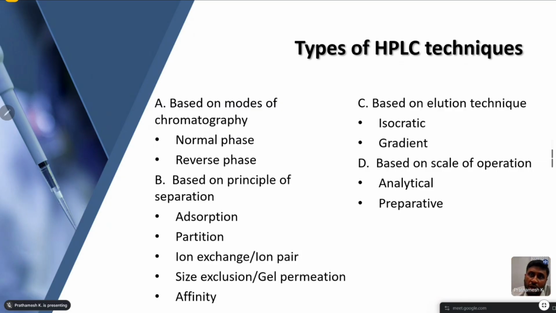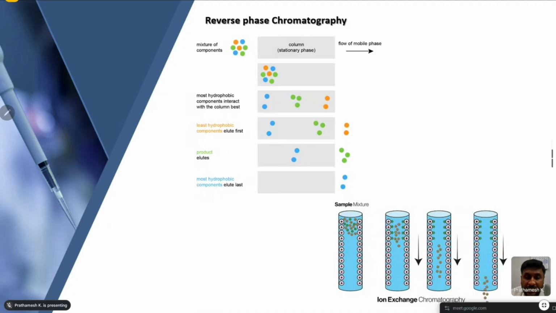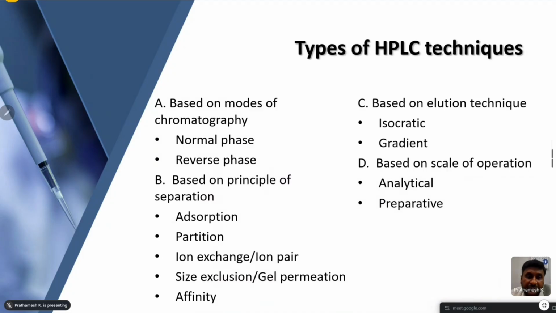Before we push any analyte into the mass spectrometer, you want to prepare it. So you will do the separation in the LC, prepare it, and then put it into the MS. That is preparative. Okay. So these were the different types of HPLC techniques and the basis on which they have been divided.